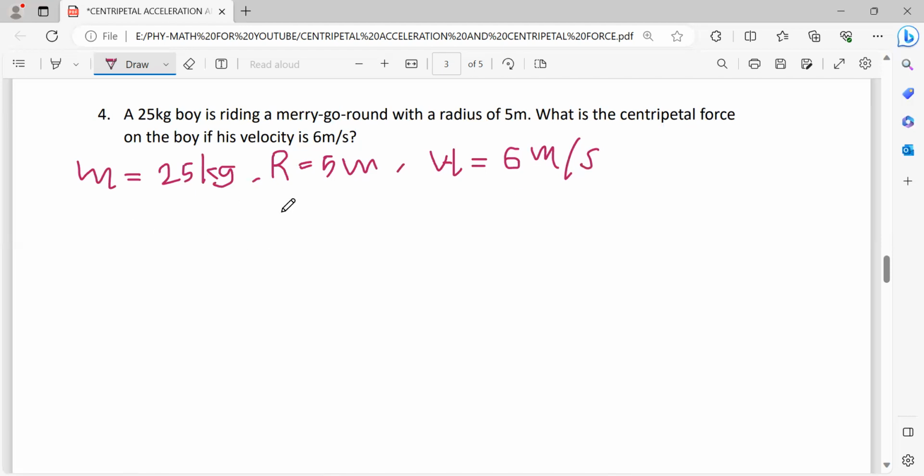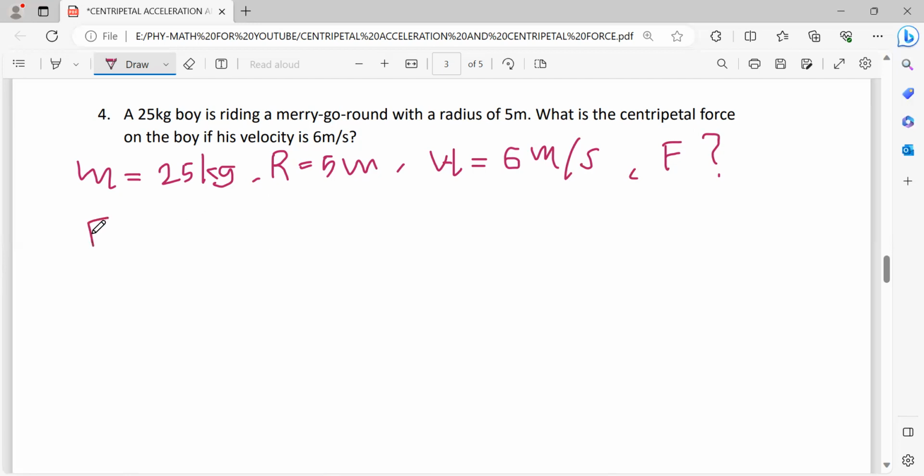Okay, and we're going to calculate the force, the centripetal force.